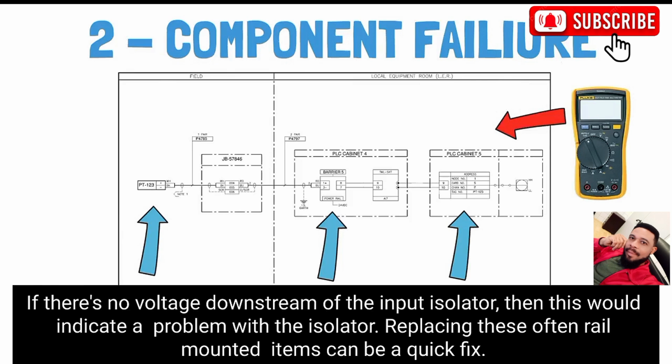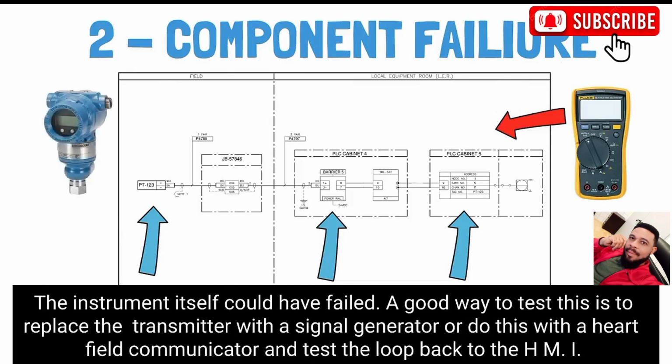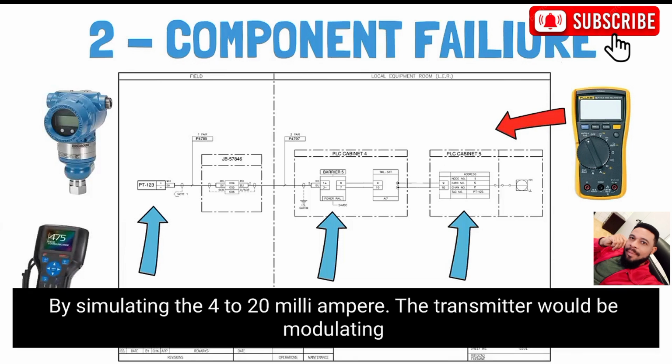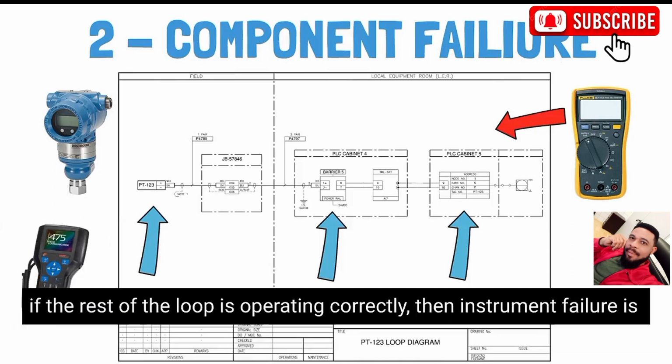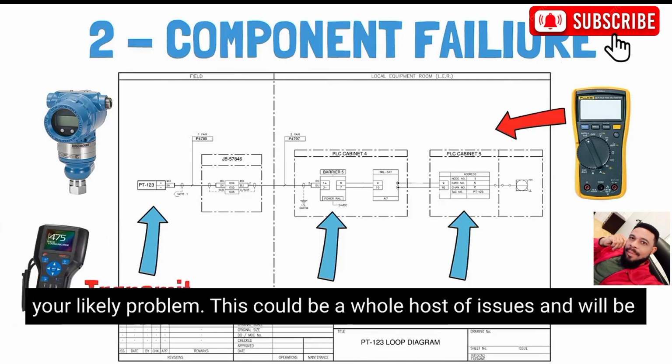Replacing this often will remove this problem and bring your process back. The instrument itself could have failed. A good way to test this is to replace the transmitter with a signal generator or to do this with a HART field communicator. By simulating the 4 to 20 milliamp, the transmitter will be able to tell you if the rest of the loop is operating correctly.